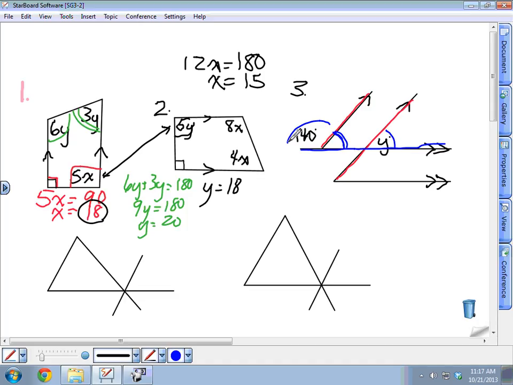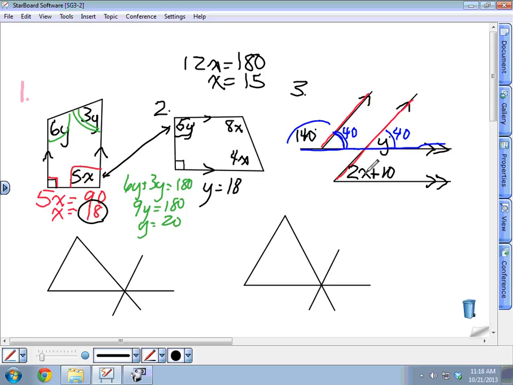So y must be equal to the other 40 degrees in here, right? So y is equal to 40, and then we also have with that angle down there, 2x plus 10 here, and 40 is equal to 2x plus 10, isn't it?